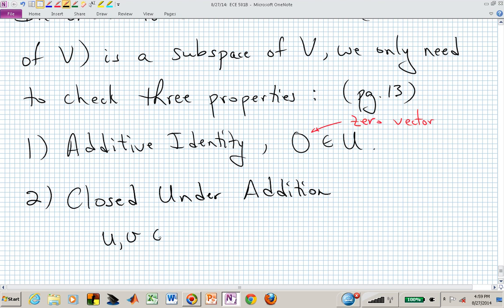Which means if you take two elements, little u and little v, any two vectors in your subset U, you need to be able to show that their vector sum belongs to capital U, the subset U.